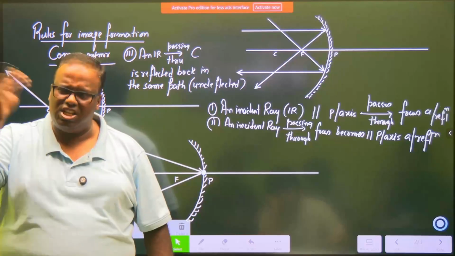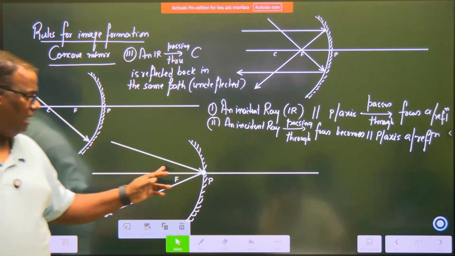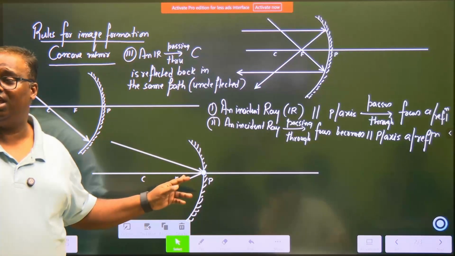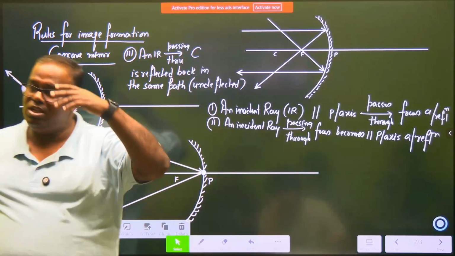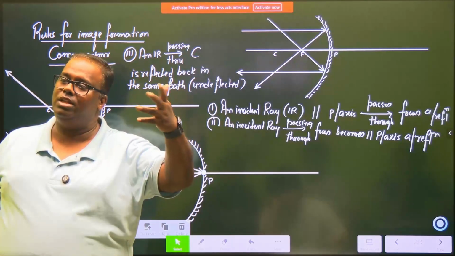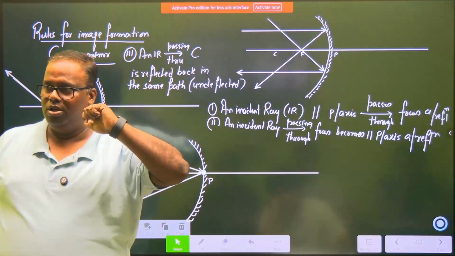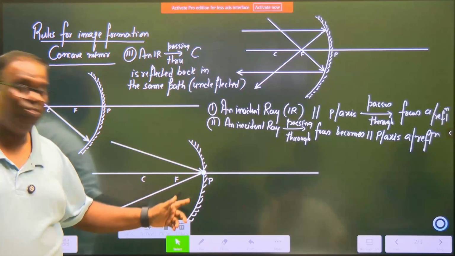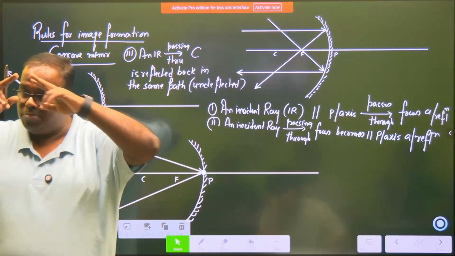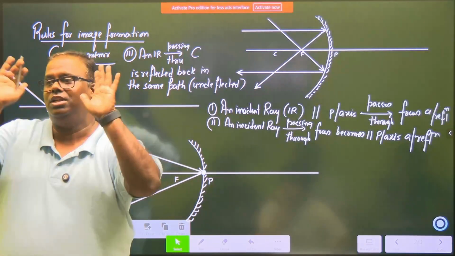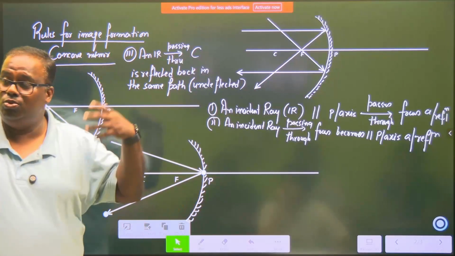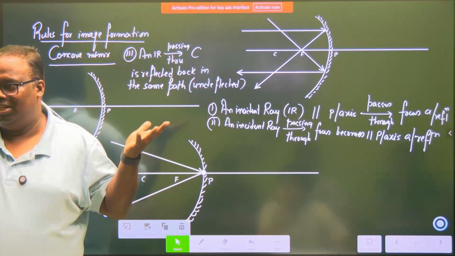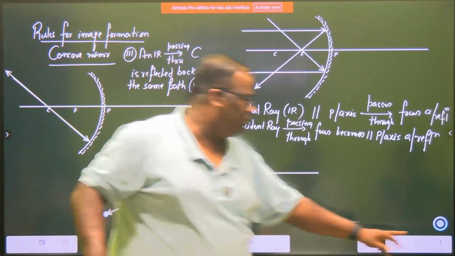So we need to change our words. We'll say the angle made by the incident ray at the pole is always equal to the angle made by the reflected ray at the pole. Does this not happen everywhere? No, it doesn't happen that way, but if you make the normal, it happens. But at the pole, a unique conjunction happens. What happens?